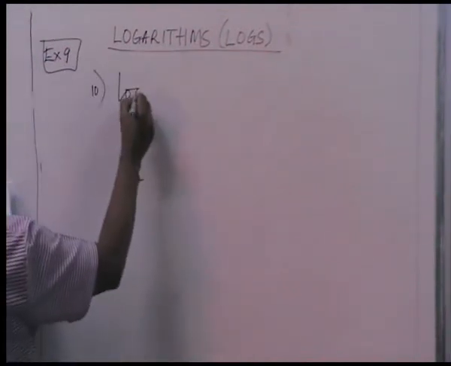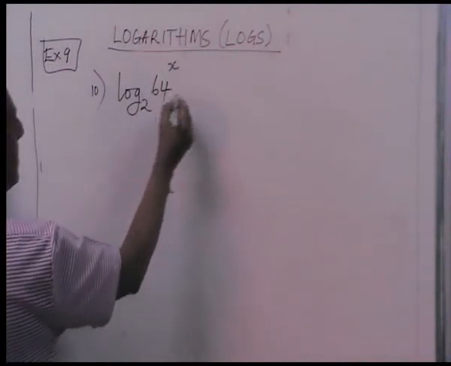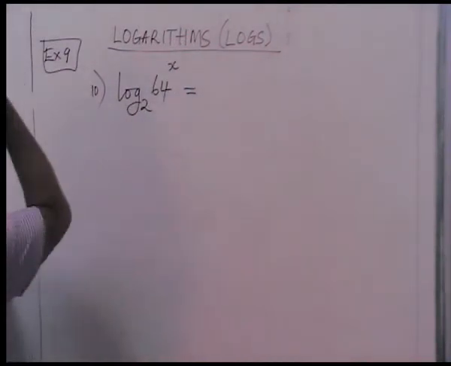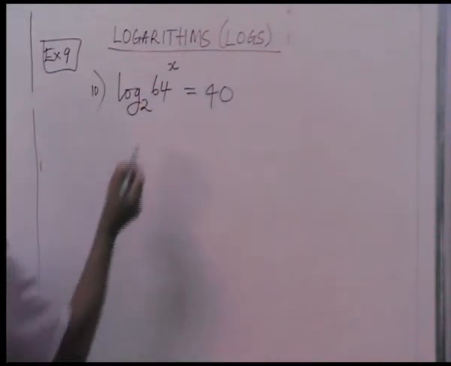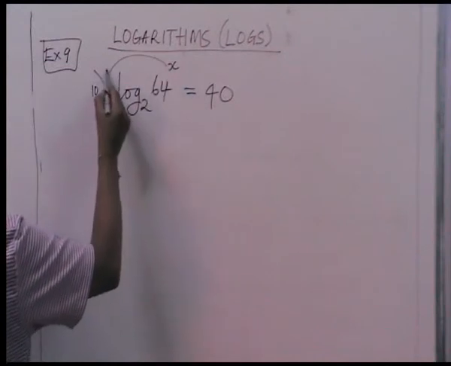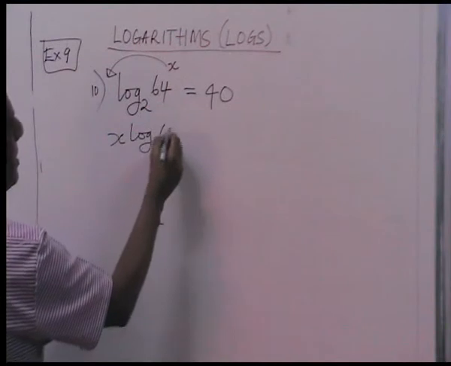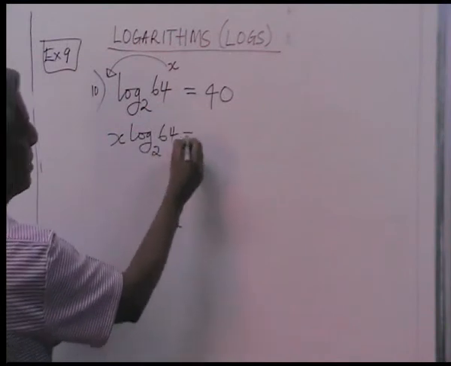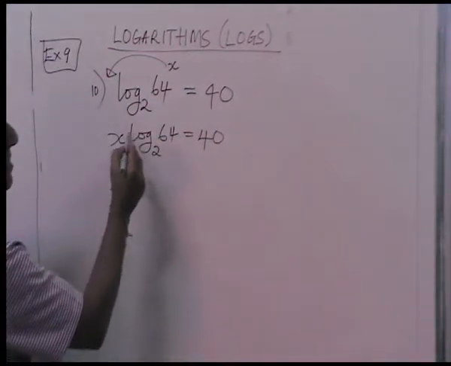Number 10, log of 64 to the index x to the base 2 is equal to 40. So if you like, you can use the power law and bring the x to the front. So you'll have x log 64 to the base 2 is equal to 40. Now, I can change base here.